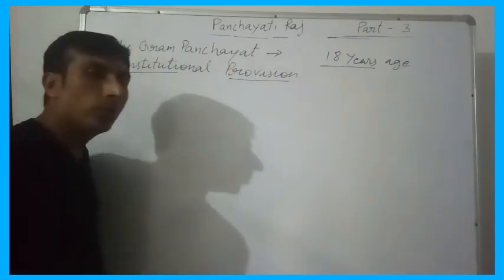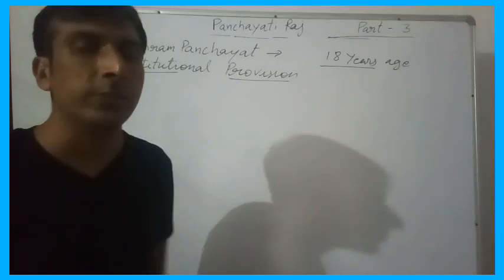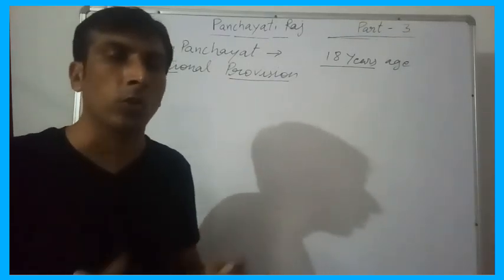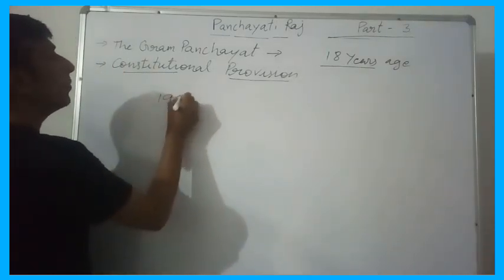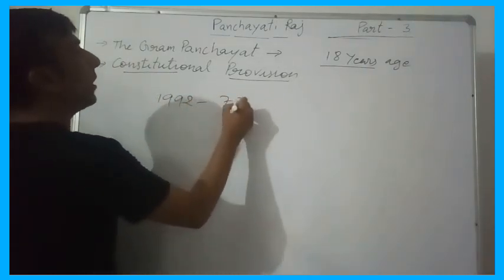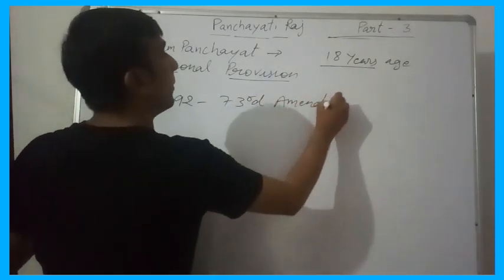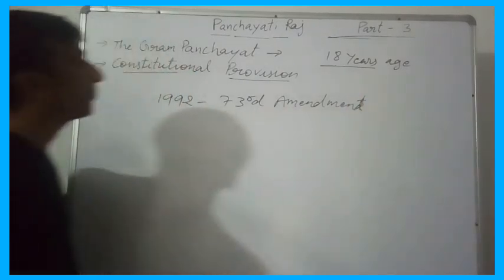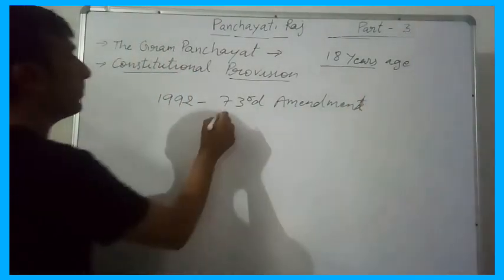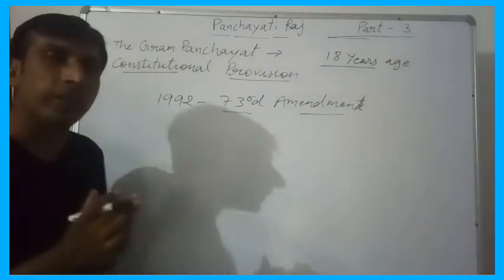Before 1992, Gram Panchayats did not have constitutional provisions. These were started by the state governments but did not have constitutional provisions. In 1992, the 73rd amendment was passed in the constitution by the Indian Parliament, right?